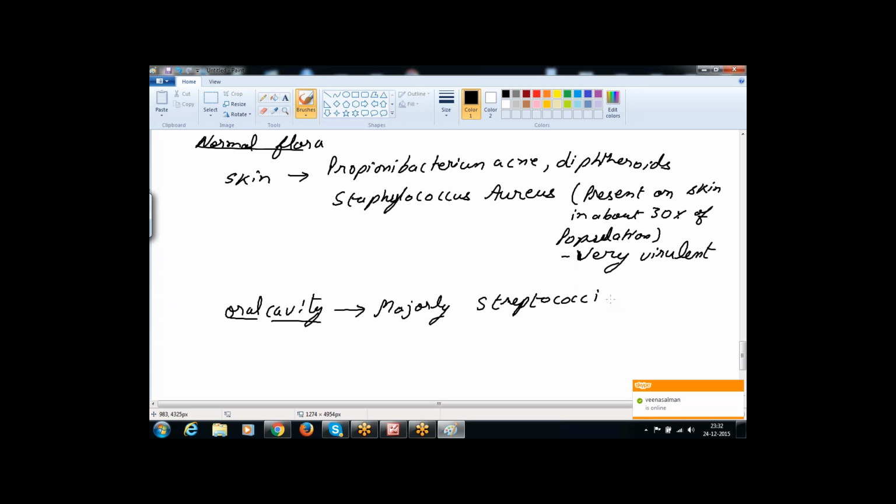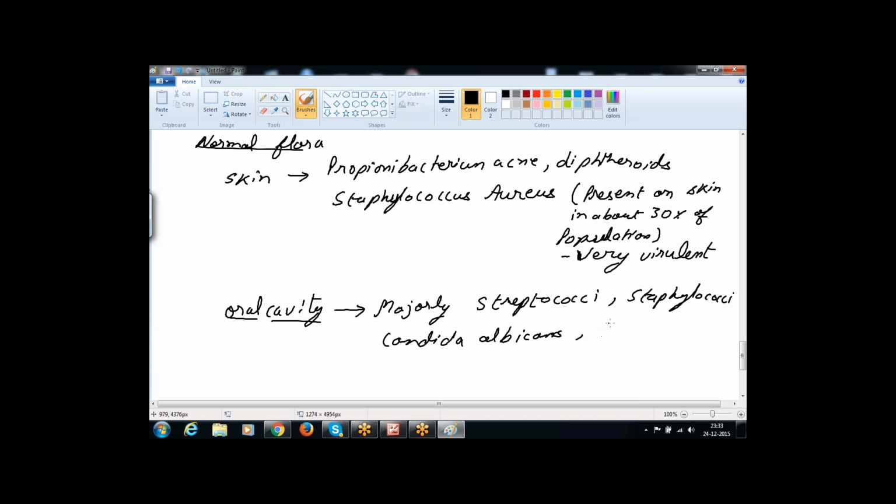Then we also have staphylococci. Even candida is normal flora. Now you might think that candida causes candidiasis. It is capable of causing a disease, and how come it is normal flora?